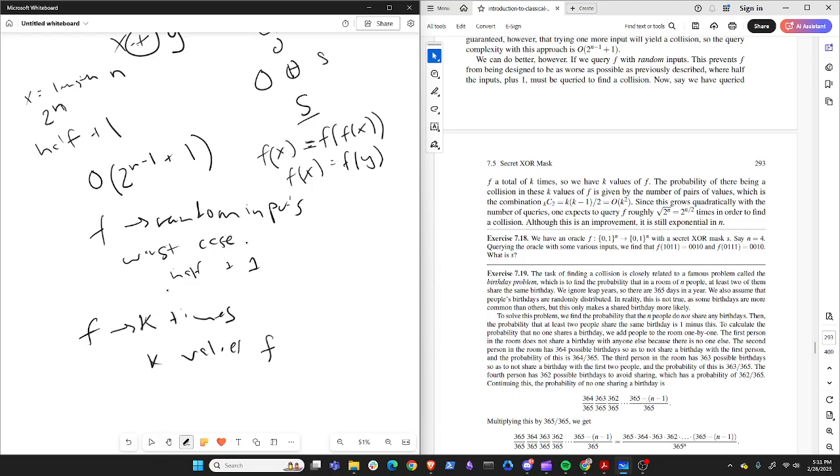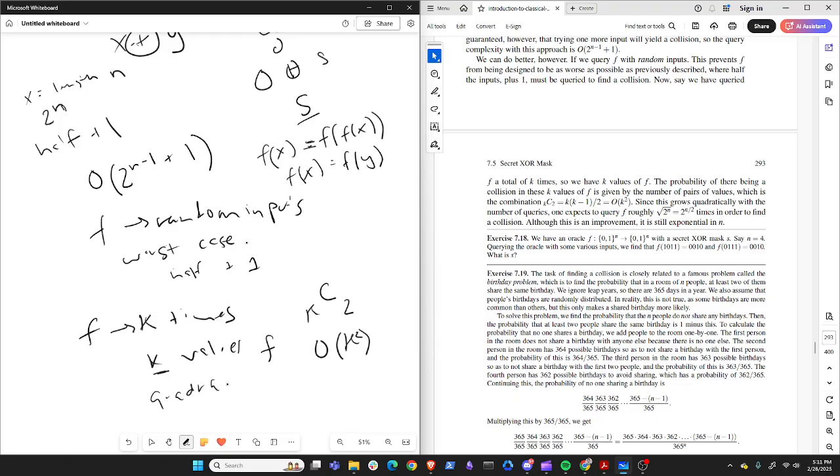And the probability of there being a collision in these k values is given by the number of pairs of values, which is the combination k choose 2, which breaks down into O of k squared. This grows quadratically.